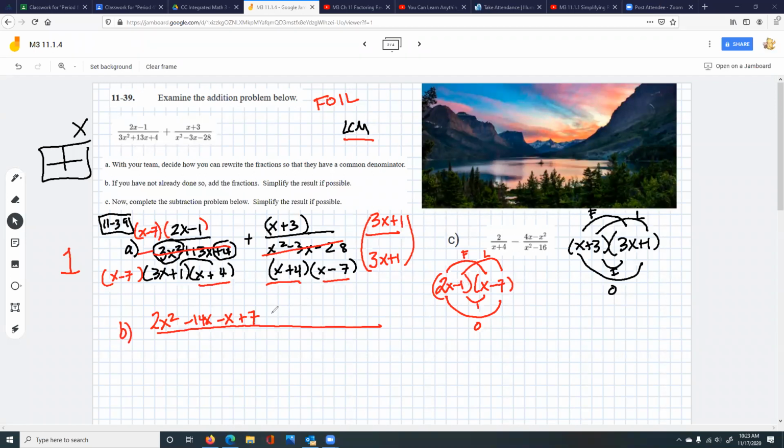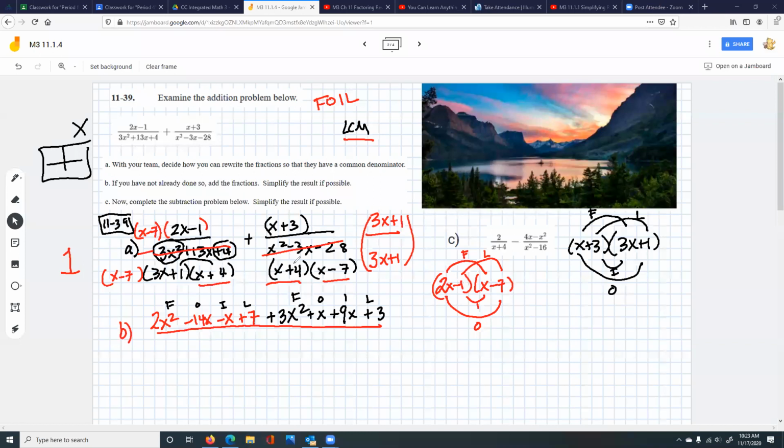That is 3x squared. My outer terms is x times 1. That is 1x. My inner term is 3 times 3x. That's 9x. My last term is 3 times 1, which is positive 3. Okay, FOIL. We did FOIL twice, once for these two and once for these two.